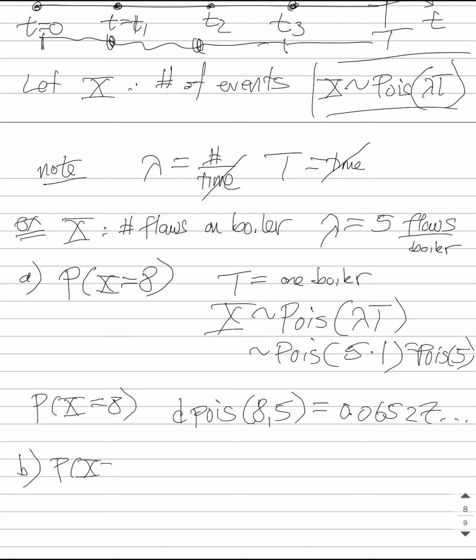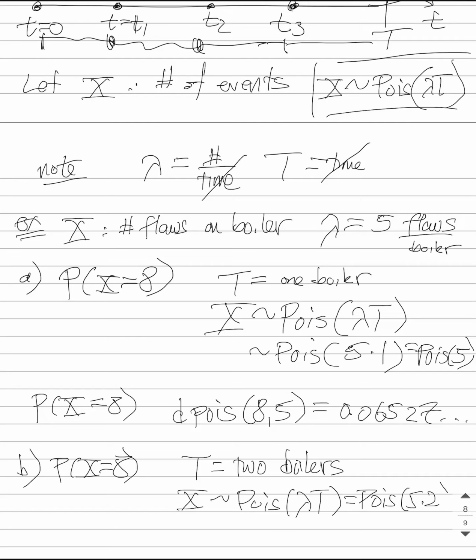Now the second question says, what happens if instead of checking over one boiler, we check over 2 boilers? In this case, the appropriate model would be a Poisson distribution, 5 times 2. So it would be a Poisson distribution where we'd use a 10.